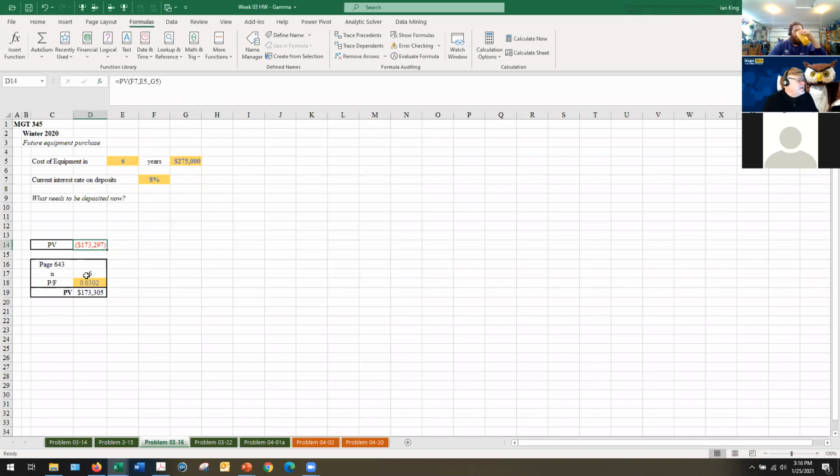Or you can take page 643, look for 6 periods, called N is 6, present value factor 0.6302, you get 173,305. So again, whichever way you do it, that difference between that 305 and that 297, rounding. They're both correct for our purposes.